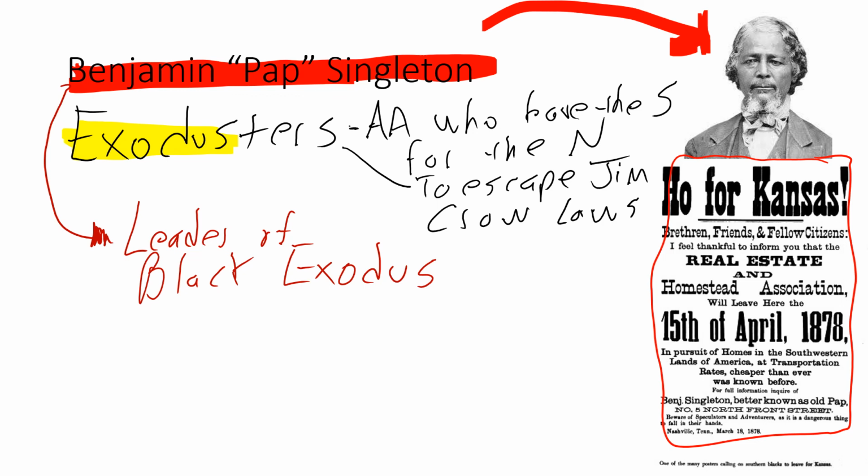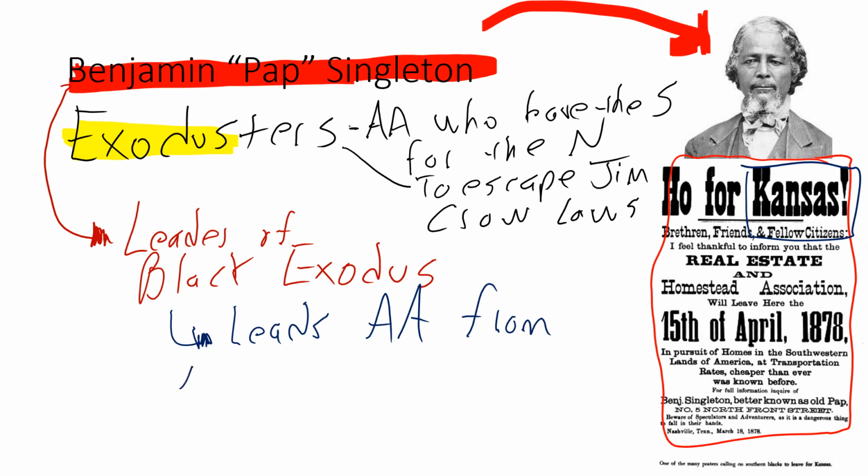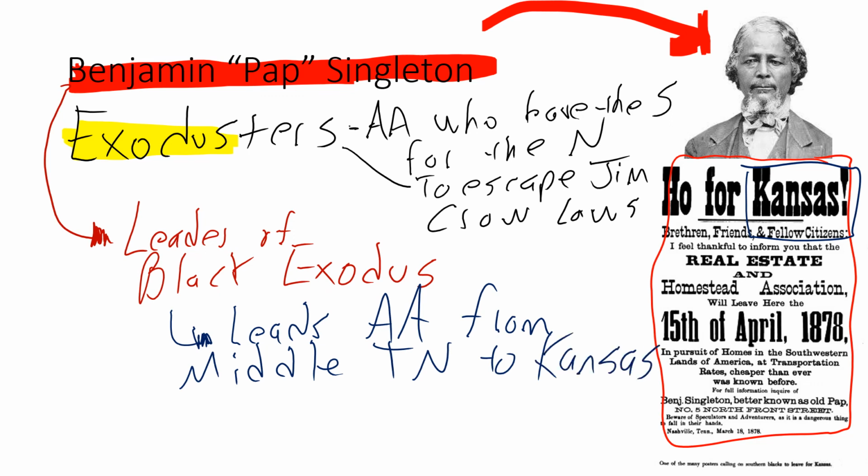So where the Exodusters end up going, you can see it over here in the sign, is Kansas. All right, so let's just put down that he leads African Americans from Middle Tennessee to Kansas. If you're going to join the Exodusters, you had to pay a small fee, okay?